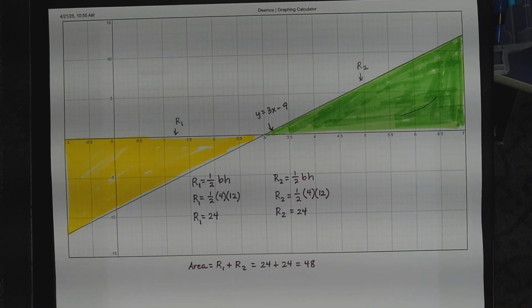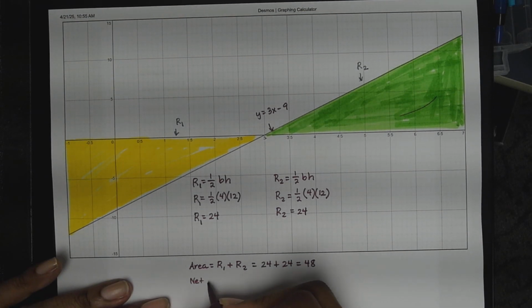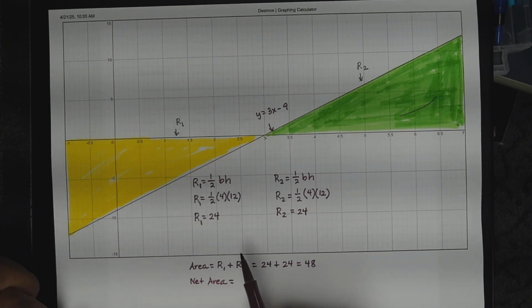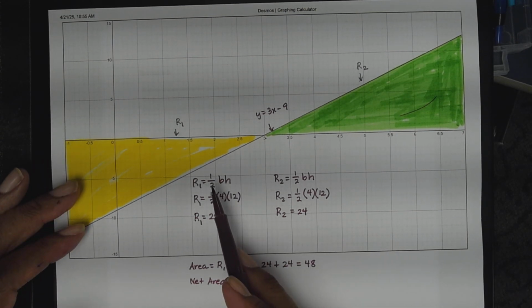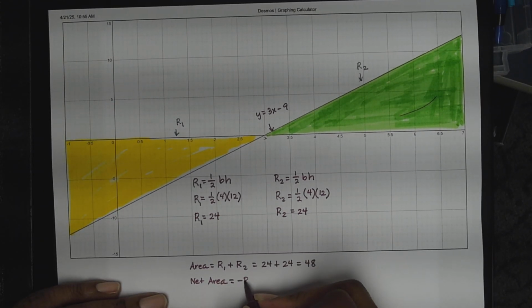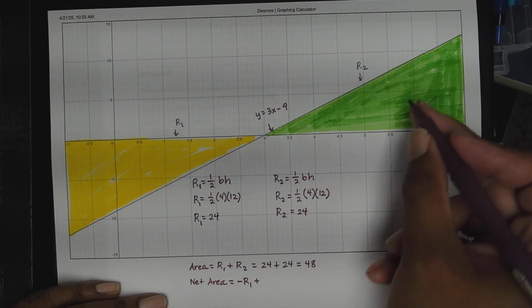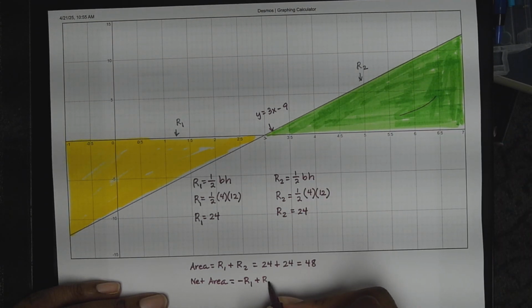Now for the net area. The area below the x-axis will be negative. R1 is below the x-axis, that's in yellow, so it's negative R1, plus the area that's above. R2 is above, so it would be negative R1 plus R2.